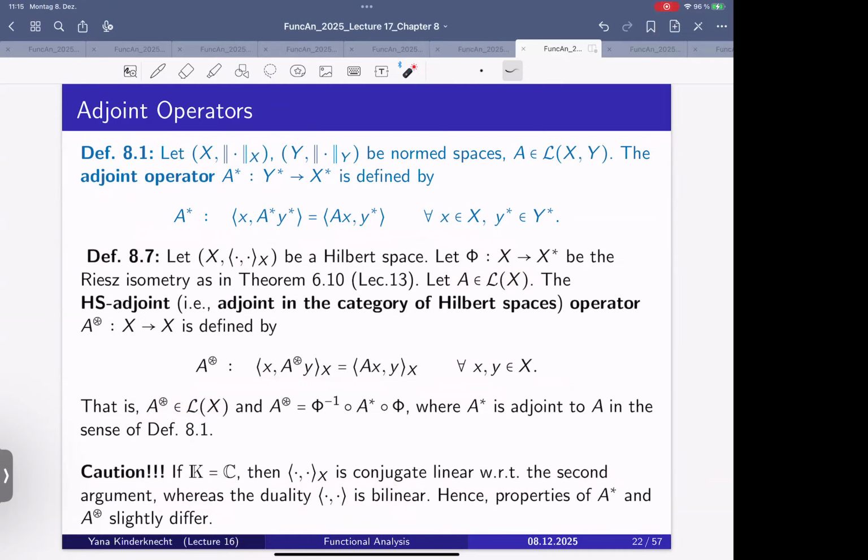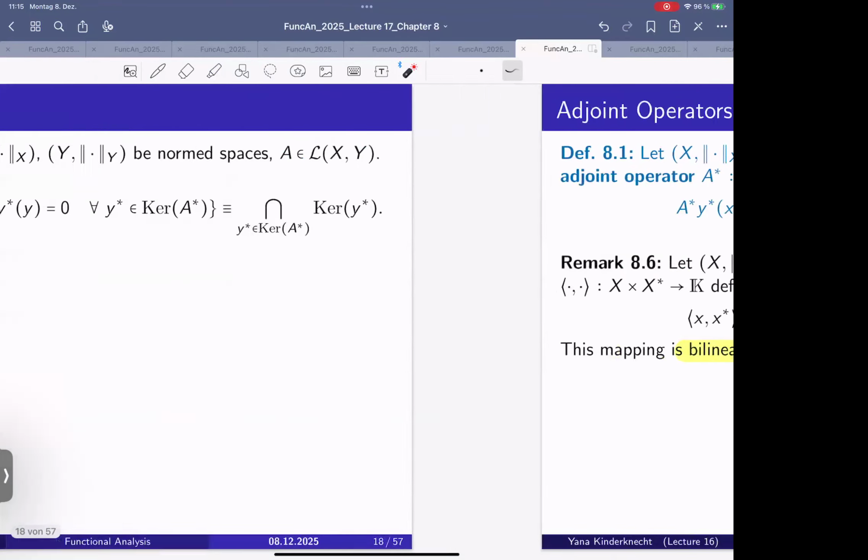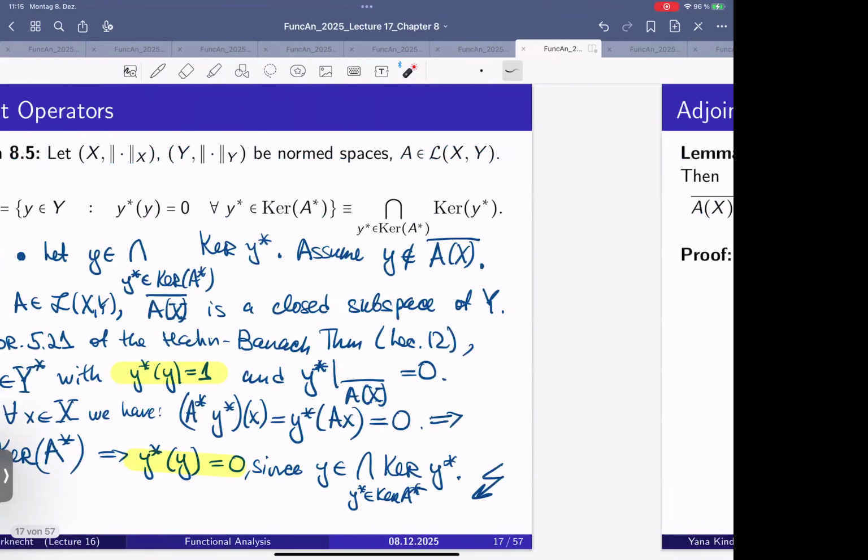There is a small Kleinigkeit. This is exactly the same situation as we have done in the example, so in this example 8.4. So now in the general case of Hilbert space, we use, of course, Riesz isometry, and we get this story.